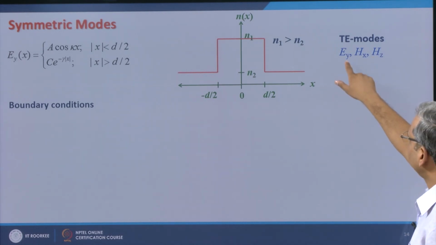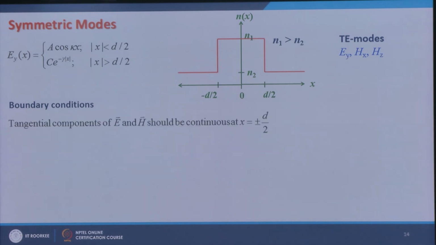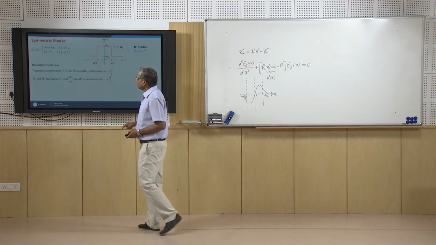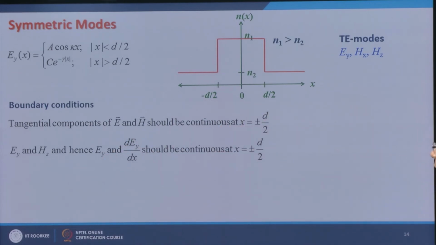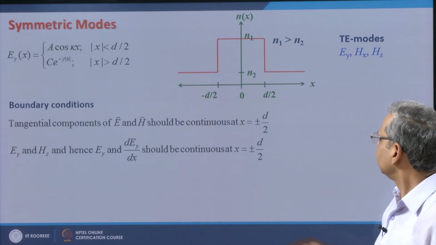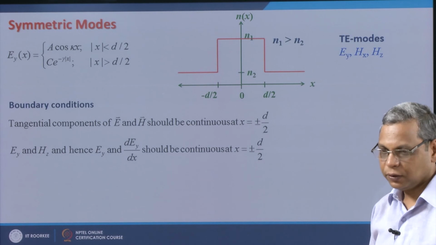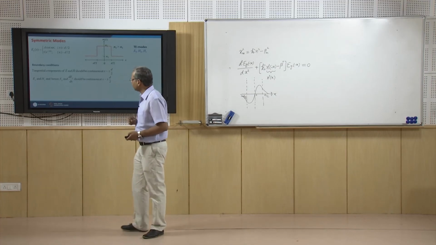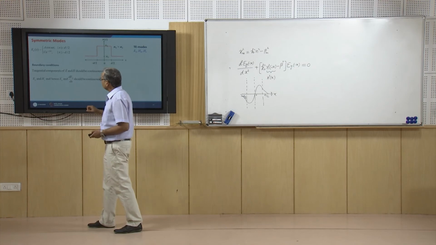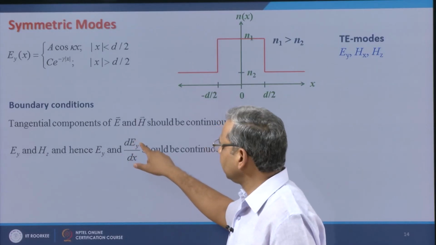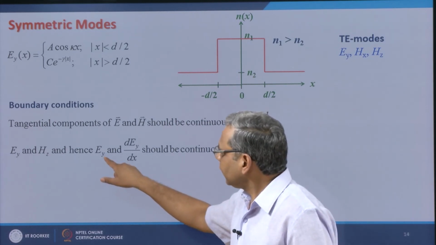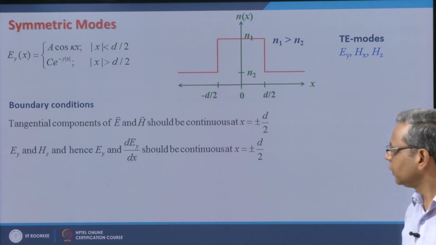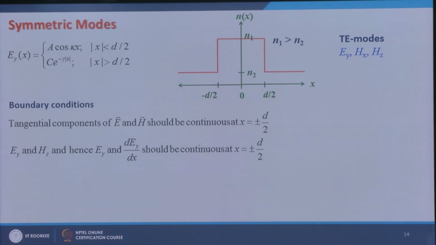So, the tangential components are Ey and Hz. So, these Ey and Hz should be continuous, and if you look back to the three equations which relate these three components of E and H, then I find that Hz is nothing but some constant times dEy over dx. So, Ey and dEy over dx should be continuous at x is equal to plus minus d by 2.